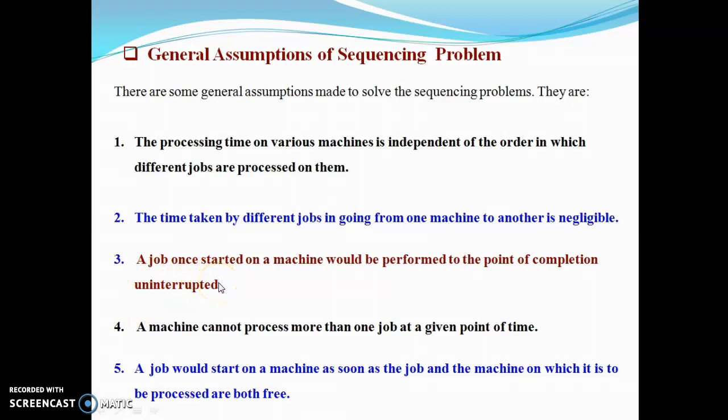The job once started on a machine would be processed to the point of its completion on the machine, uninterrupted. The fourth, the machine cannot process more than one job at a given point of time. It means a single machine cannot process more than one job; two or more jobs cannot be handled simultaneously at a time.